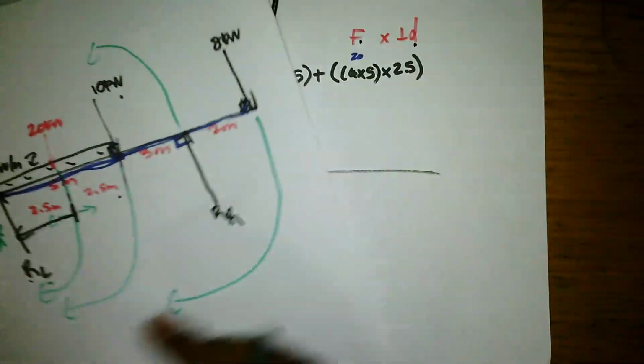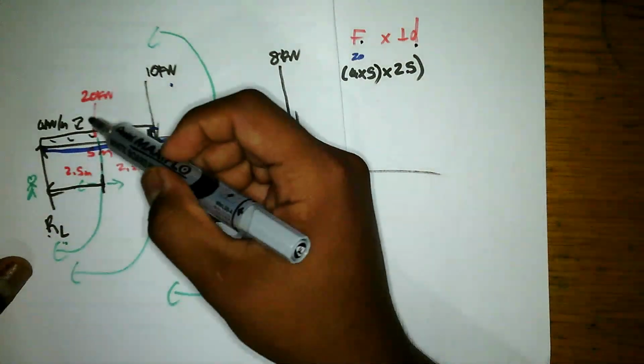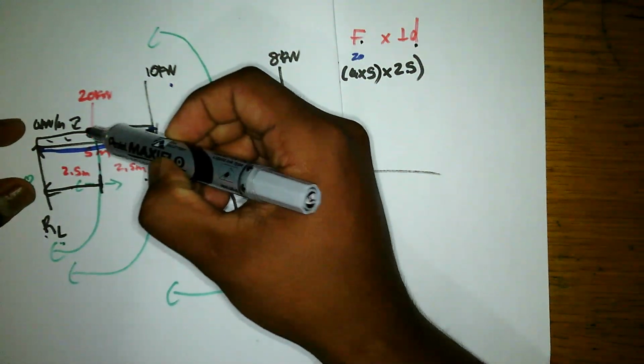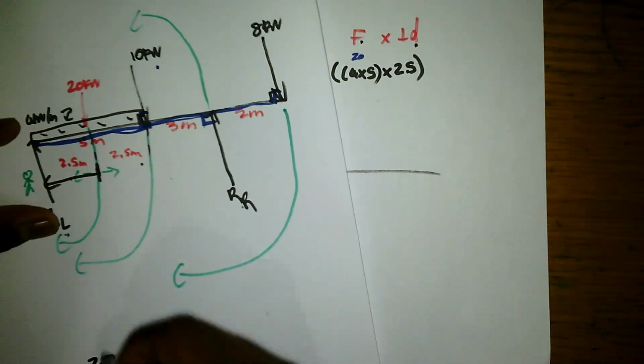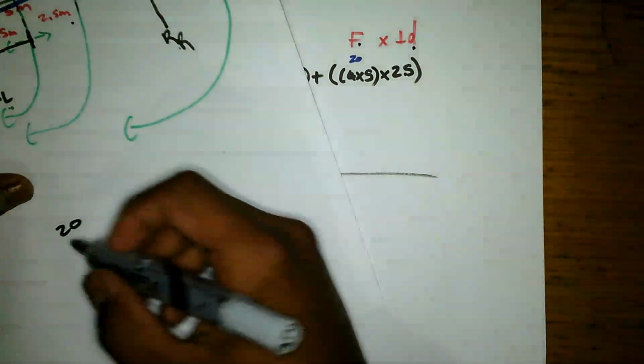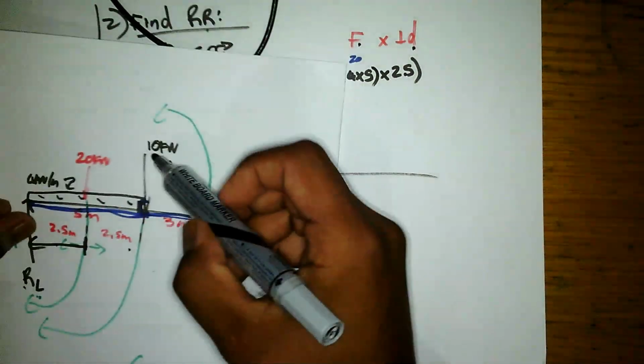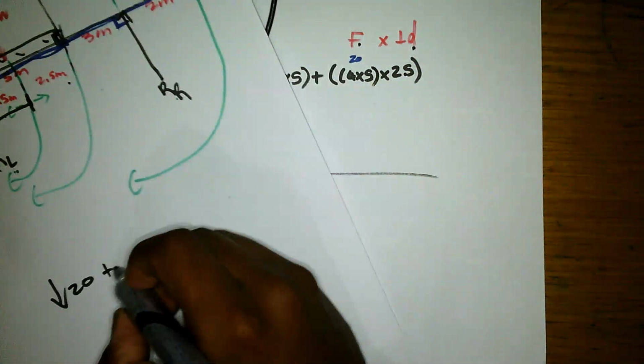The next forces would be our UDL. Okay? Point load pointing down. So we've got 20 kilonewtons pointing down. Then we've got 10 kilonewtons pointing down as well.